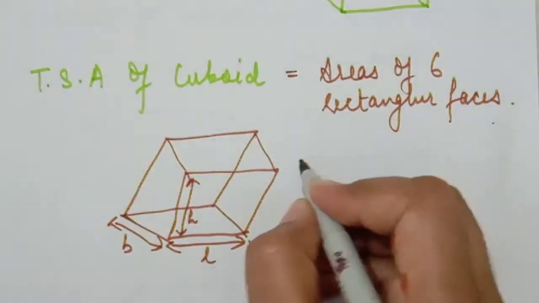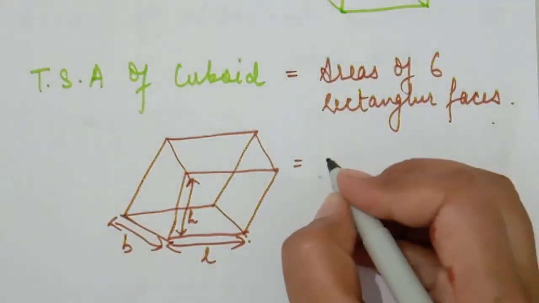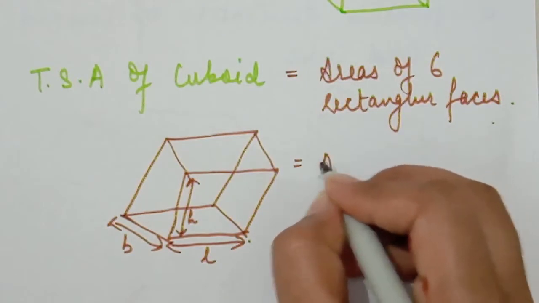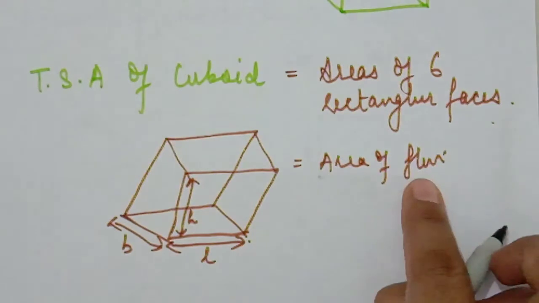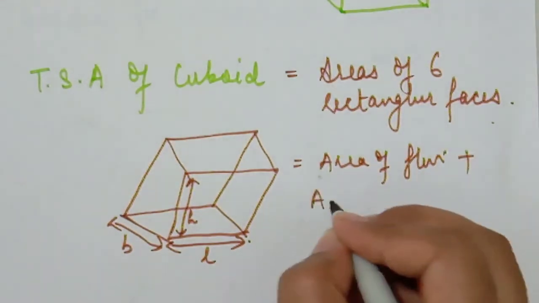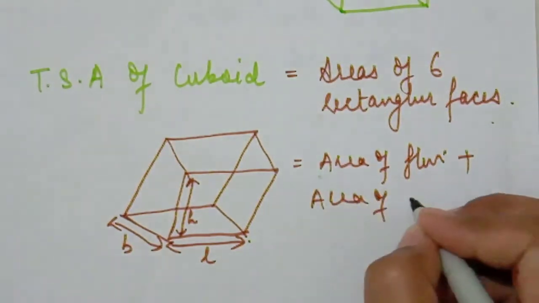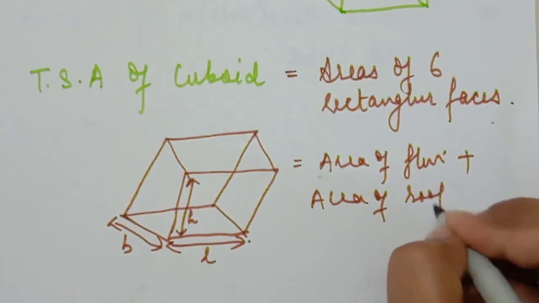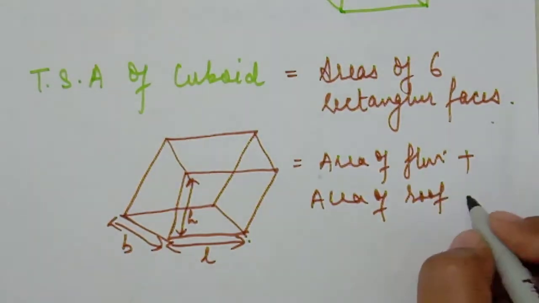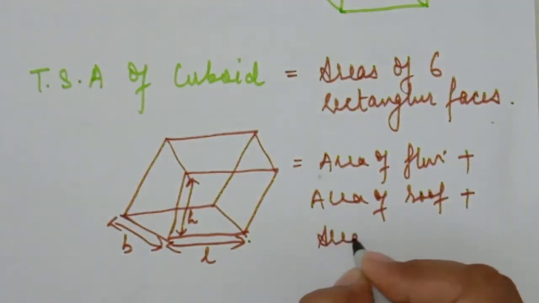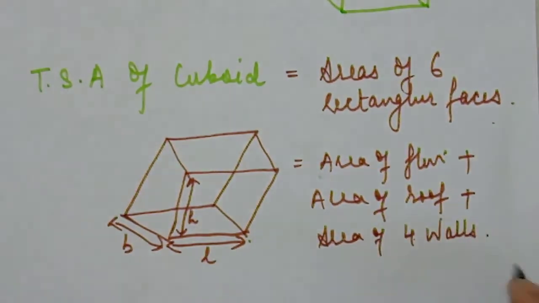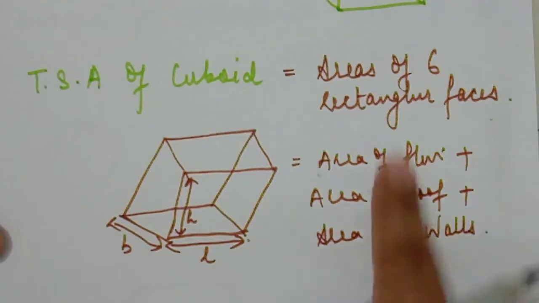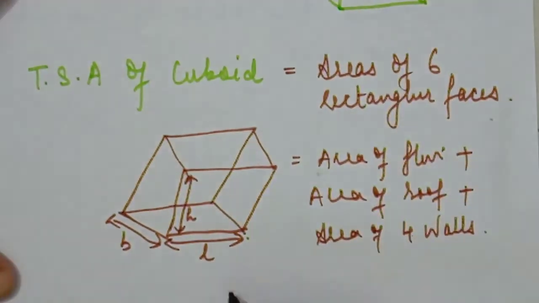First of all, we know very well that the area of the floor is one face, the area of the roof is the second face, plus the area of four walls, which is the complete area of 6 rectangular faces.